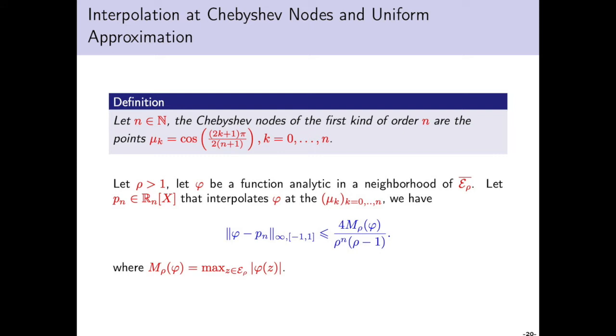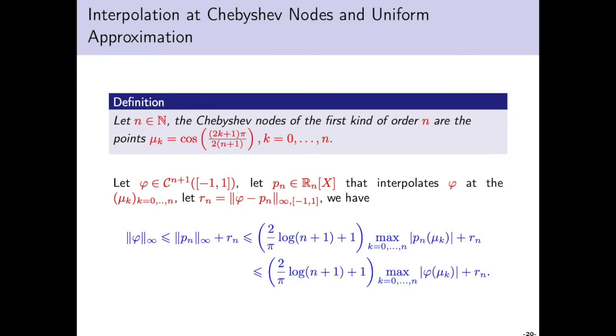For an analytic function, this one is easier to deal with. So I have to be able to compute this and to make it small, and I also have to make the values of f small on Chebyshev nodes.